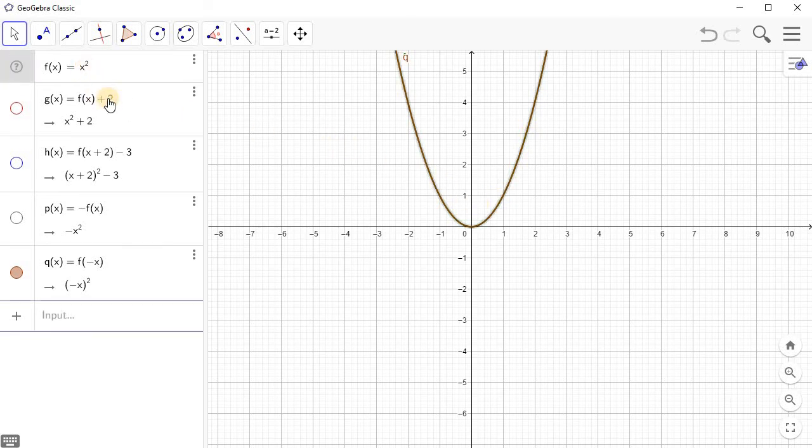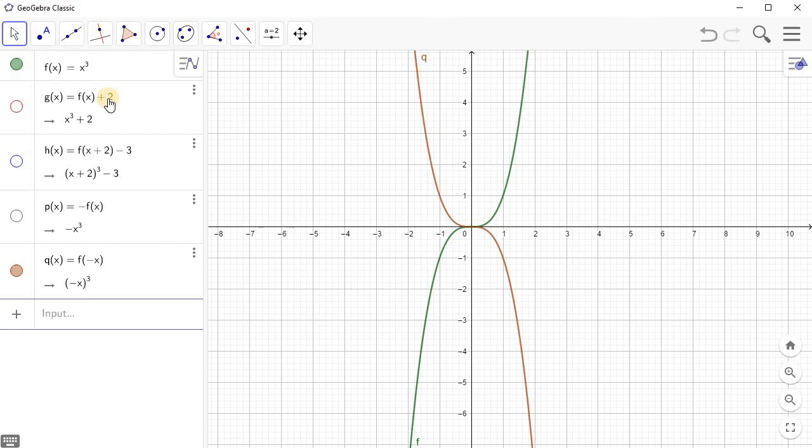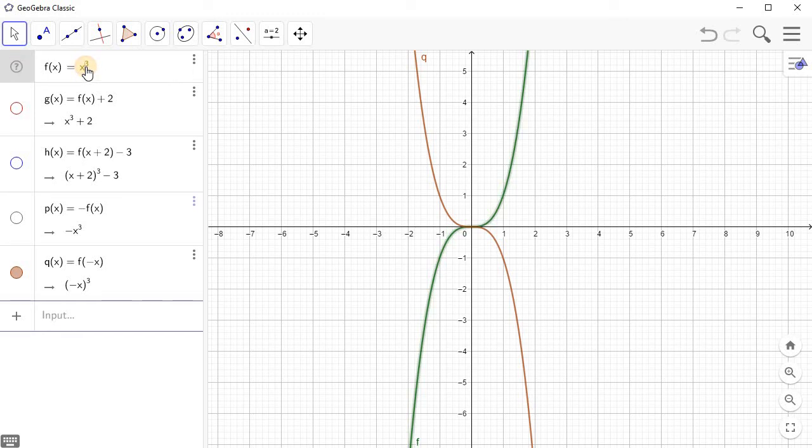If we change the original function to x cubed, you can see what happened. The green graph is this one right here. And what did this one do? Negative x cubed. You see how it reflected it about the y-axis? This side came over here and this side came over here.